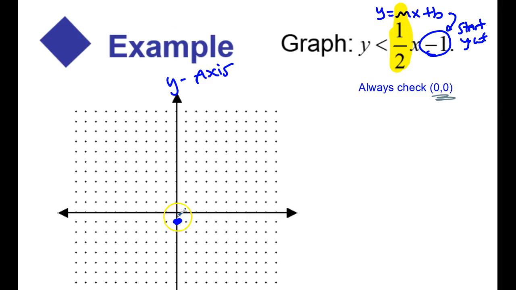So from the start value, not the origin, from the start value, the y-intercept, I'm going to rise 1 and run 2. And I would recommend you fill up the graph, rise, run, run 2. And that way, you have a nice straight line with several dots. Instead of going up and to the right, we could go down and to the left.